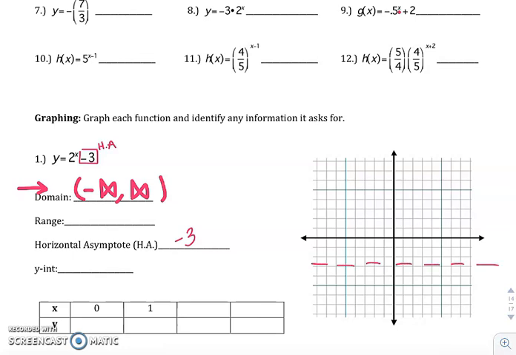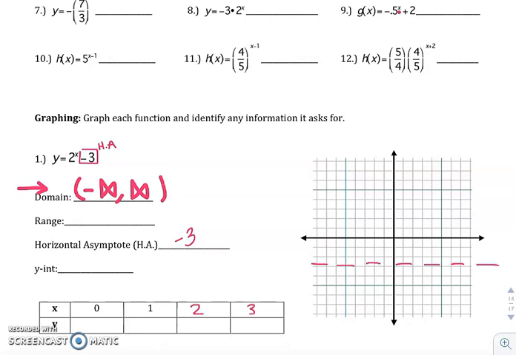It's just going to come down and get closer and closer to it, but not really touch it. So I always put that dotted line there to show where my graph should be ending, if you will.